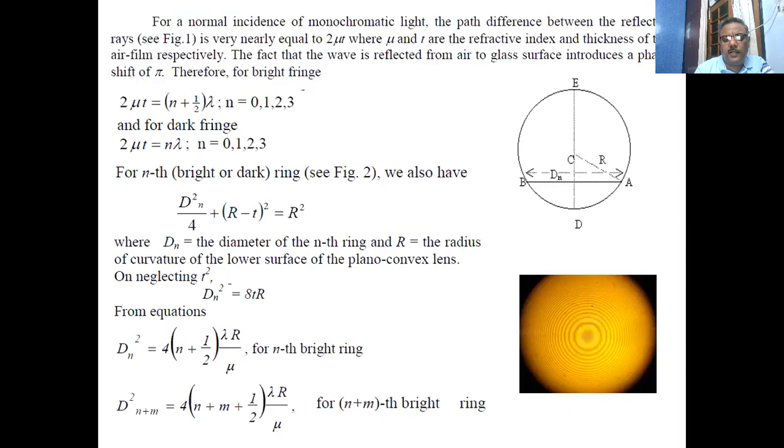From this figure, we deduce that Dn squared by 4 plus (R minus t) squared is equal to R squared, where t is this distance. On neglecting t squared, we arrive at this relation.